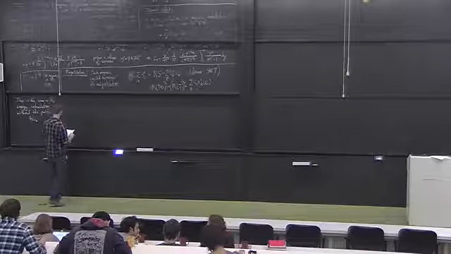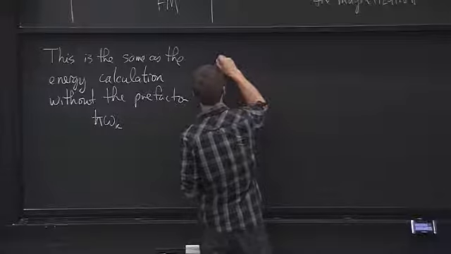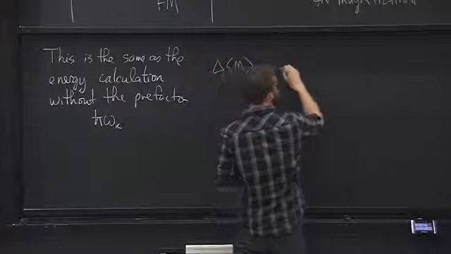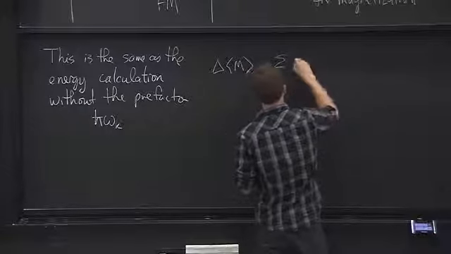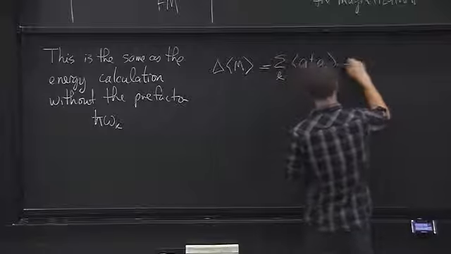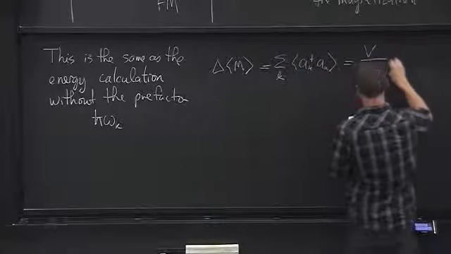So the expectation value, I'll call it delta M, which is just that sum over k, skipping every step.